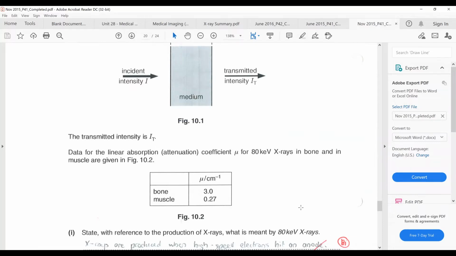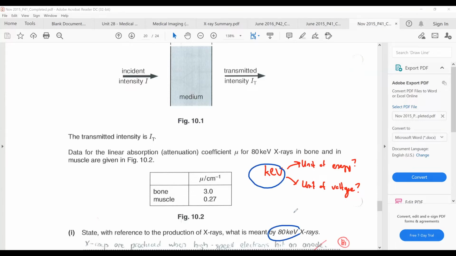Now, when you see keV, is this a unit of energy or a unit of voltage? eV, in your nuclear physics, you should have known that eV is actually a unit of energy, right?